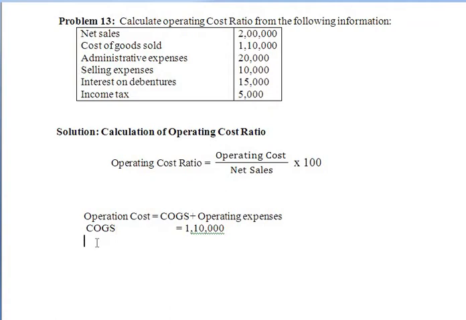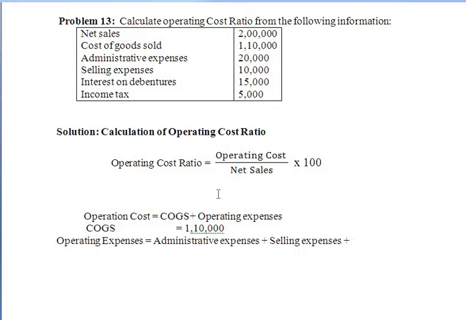So next line, operating expenses is equal to administrative expenses plus selling expenses. Now, which other expenses are there?